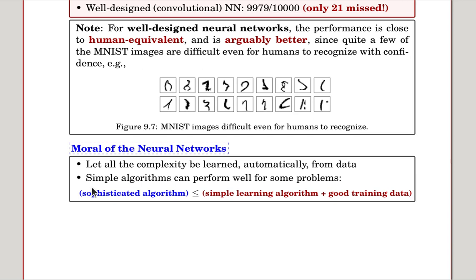So people usually say that, rather than sophisticated algorithms, we may try to use a simple learning algorithm and good training data. Simple means, nowadays, more or less an explainable or interpretable learning algorithm.